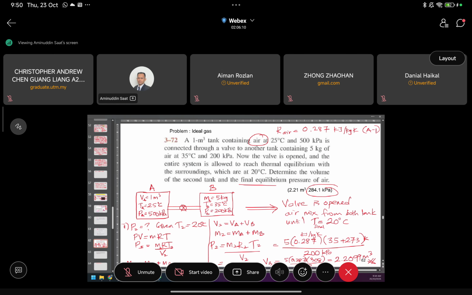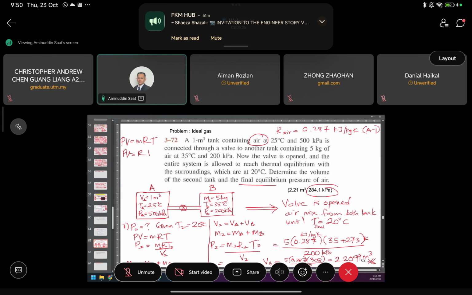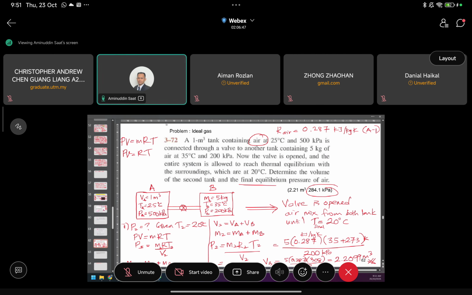So what this problem indicates is that whatever situation you are dealing with gas, you can solve the properties by using the ideal gas equation, which is PV = mRT or Pv = RT. Solving with the ideal gas equation is a bit easier compared to the table properties, because you don't need to define the phase and you don't need to do interpolation.